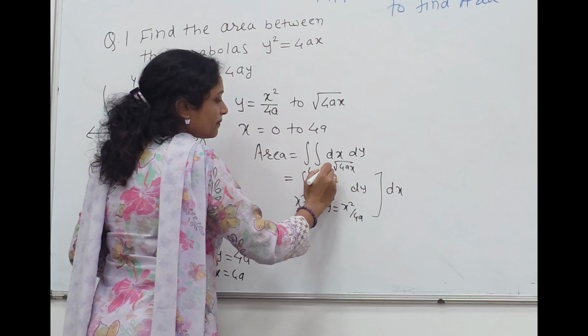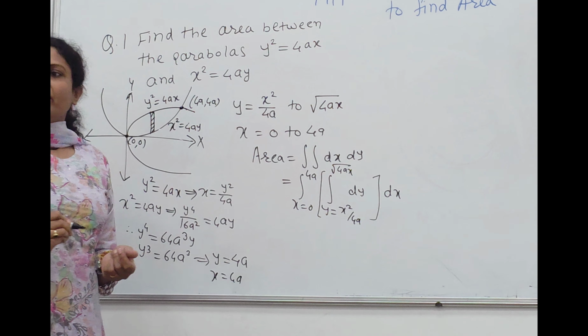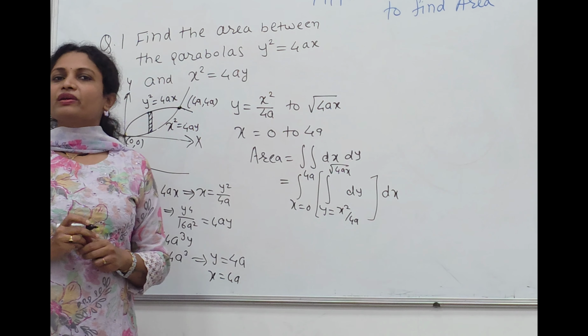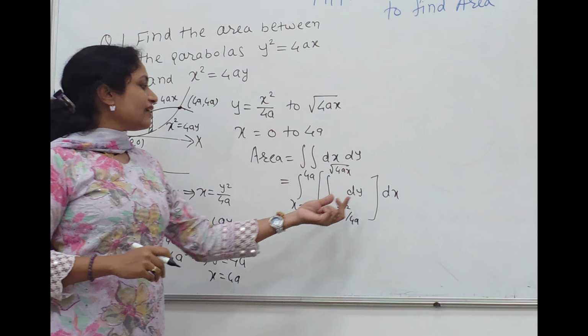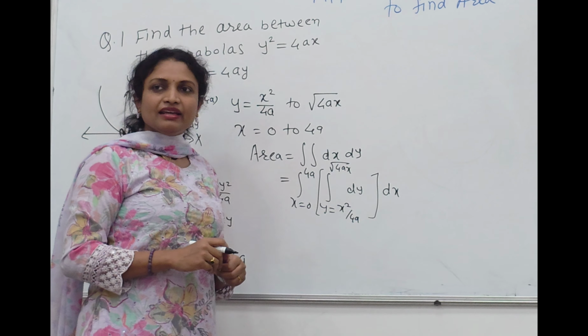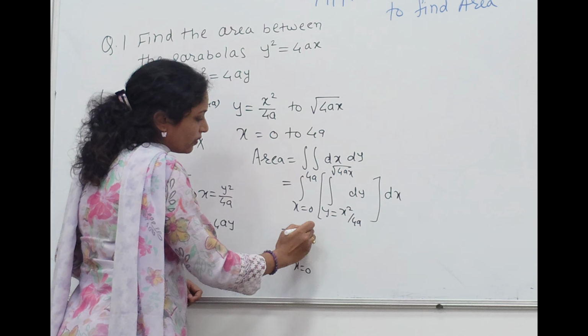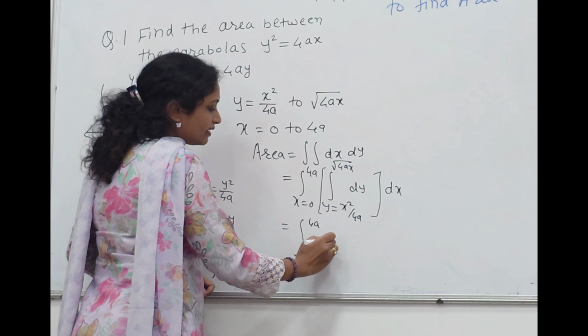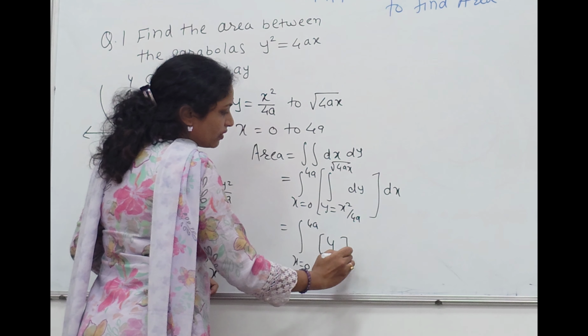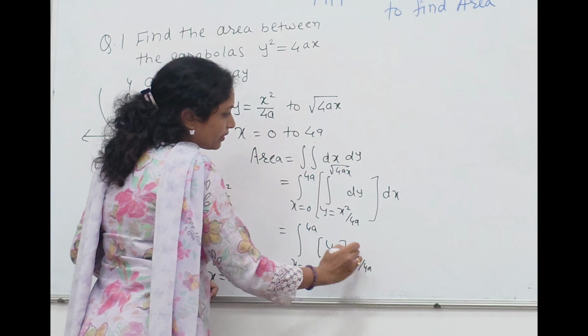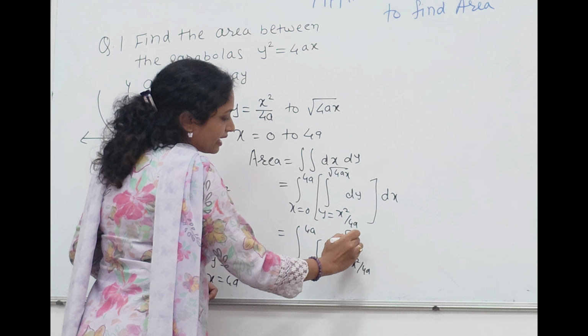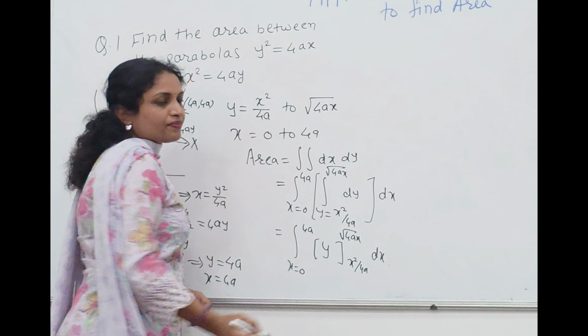Is that it? Because y has variable limits, you are going to integrate with respect to y first. Very easy integration. What is the integration of dy? y, with dx, so this x from 0 to 4a stays as it is. Its integration is y, with upper and lower limits x²/4a to root of 4ax, and then dx.